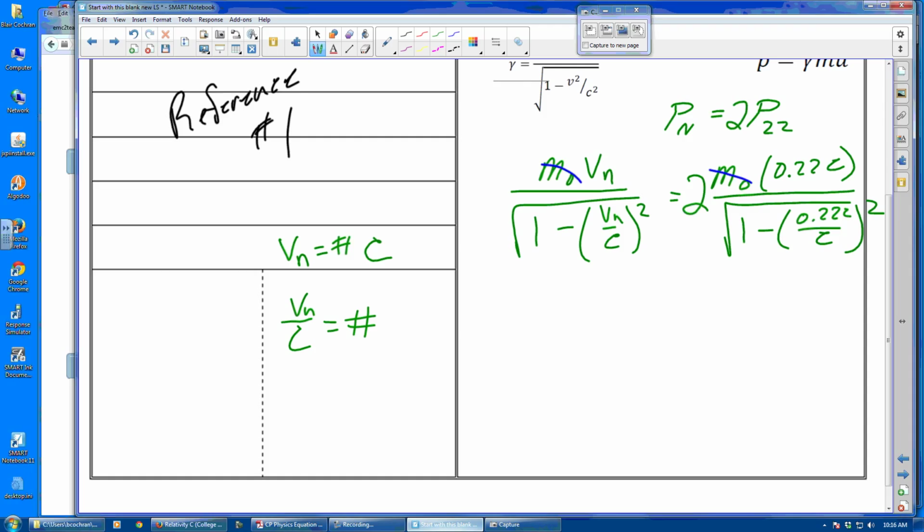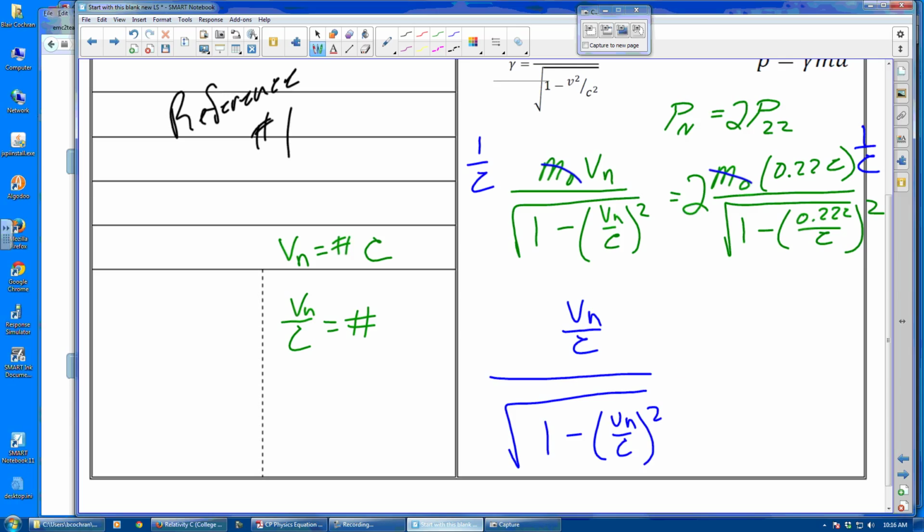I want to get Vn over C, so I'm going to multiply each side of this by 1 over C. And what that'll do is over here give me Vn over C over the square root of 1 minus (Vn over C) squared, equals 2 times, now this is 0.22C over C, which is 0.22, over the square root of 1 minus, and this is that same thing, 0.22 squared.